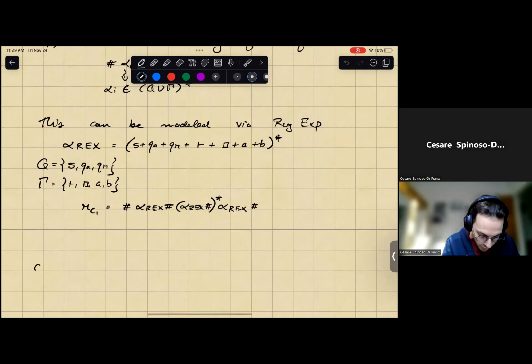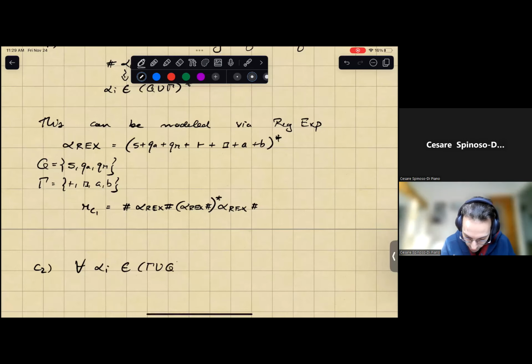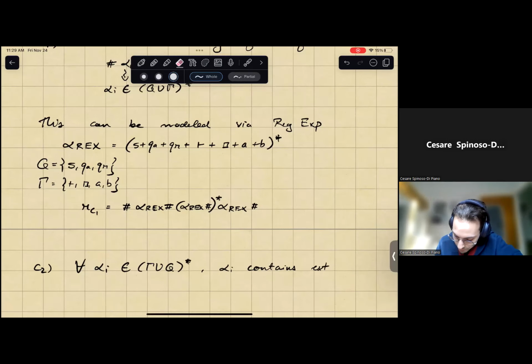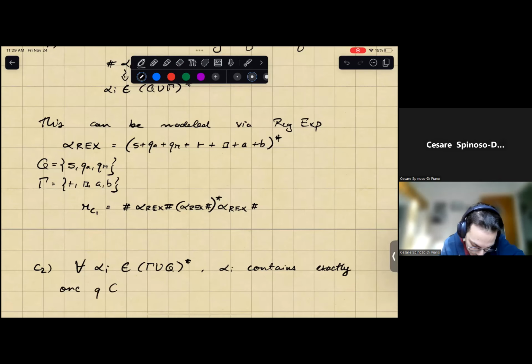So the second condition is going to be, well, for every alpha_i in (gamma union Q) whole star, alpha_i should contain exactly one state as a letter.